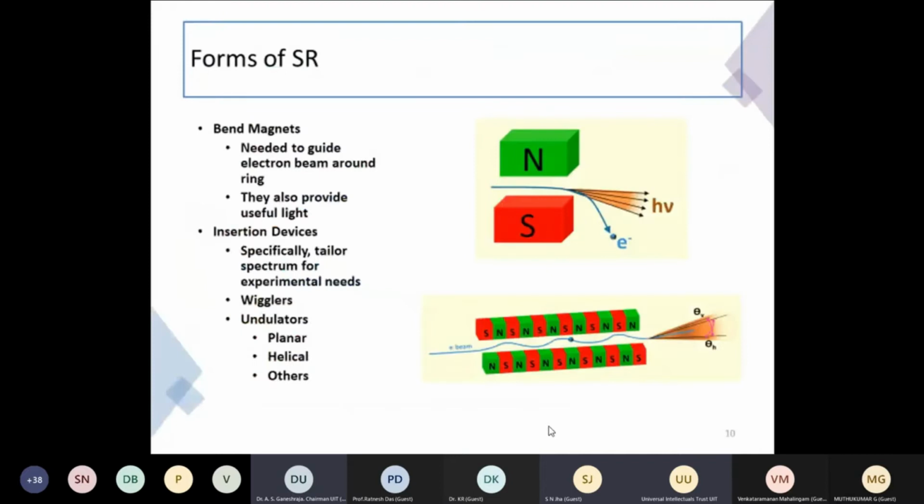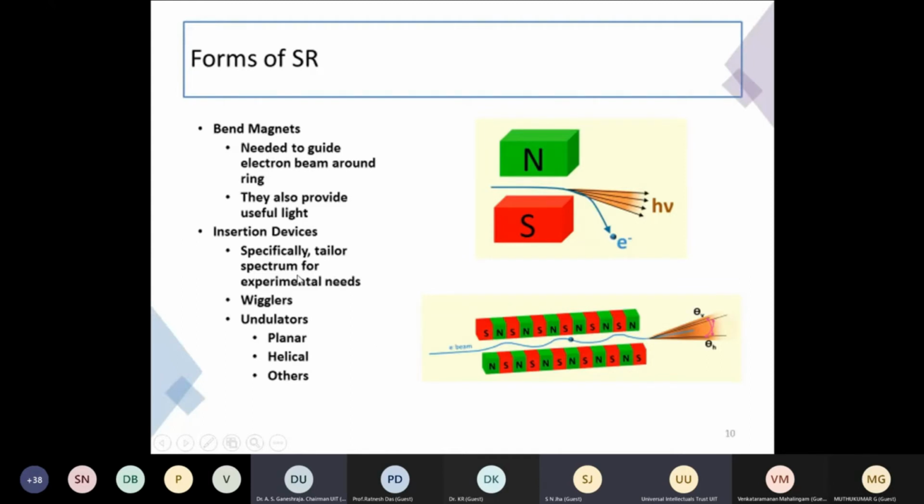Over the years, the synchrotron source has also made different advancements. Apart from the bending magnet source, which I introduced initially, using just a north and south pole combination, people later realized that by introducing an array of bending magnets in a straight section, we can enhance the brightness or the flux of the synchrotron source further, by more than 2 to 3 orders of magnitude.